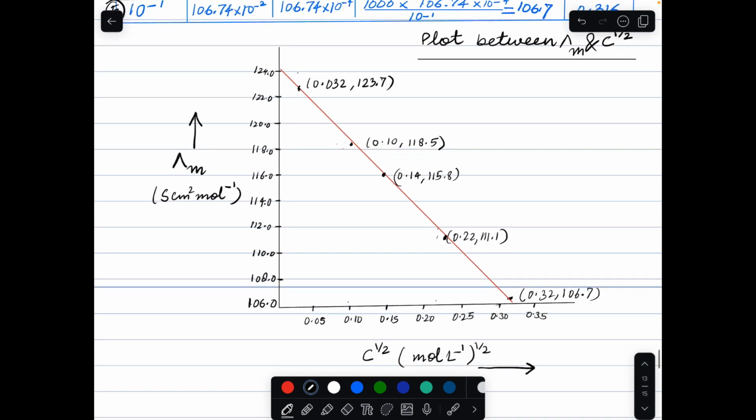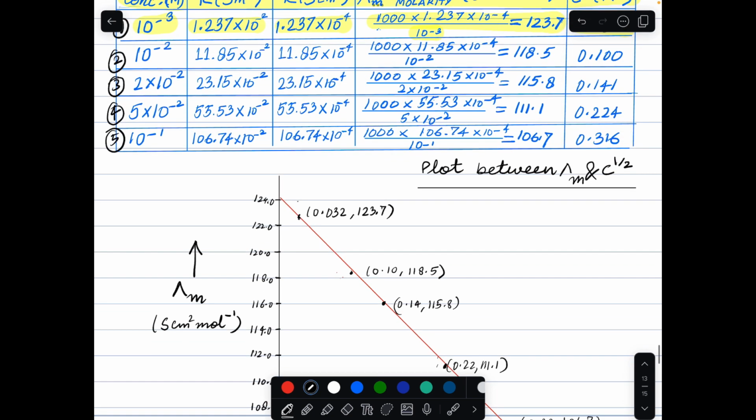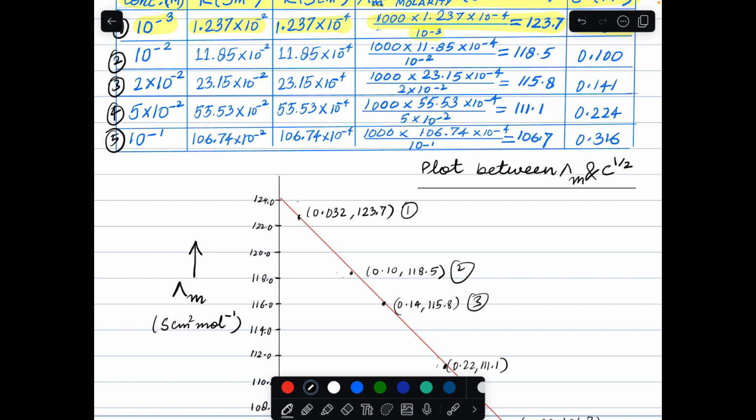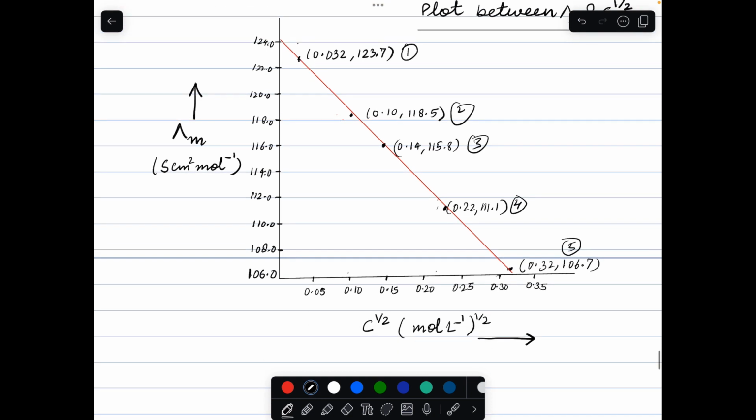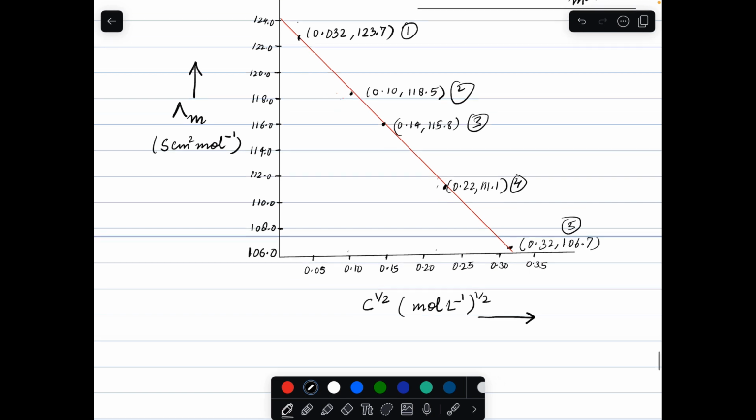After plotting these 5 points, the first, second, third, fourth and fifth observations, we will get a straight line. This straight line shows that molar conductivity is increasing with dilution.